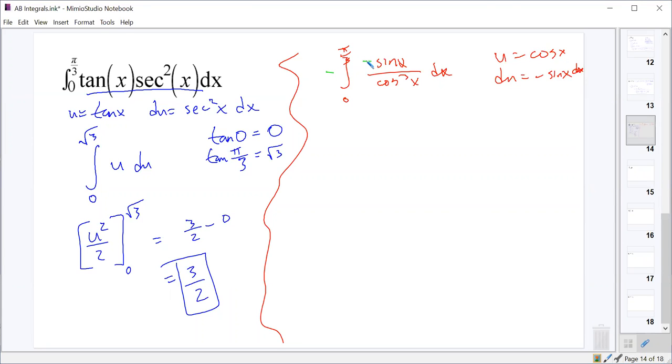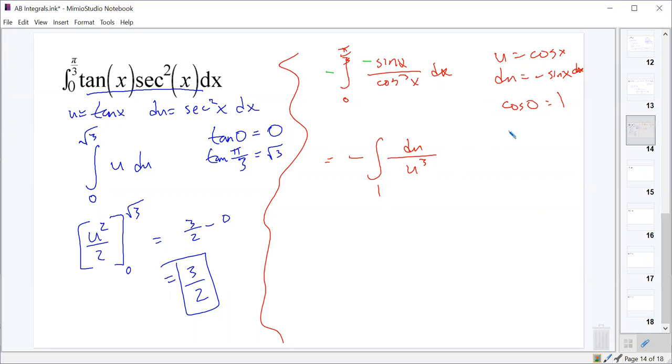Put some negatives in there, and we end up with the opposite of the integral of negative sine x dx, which is our du, over u cubed. And we still have to change these limits, x equals 0 and x equals pi over 3, to u. So what's the cosine of 0? 1.